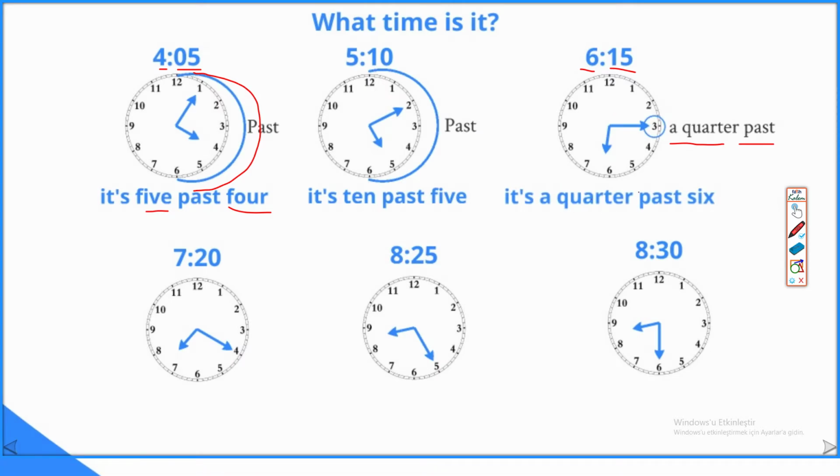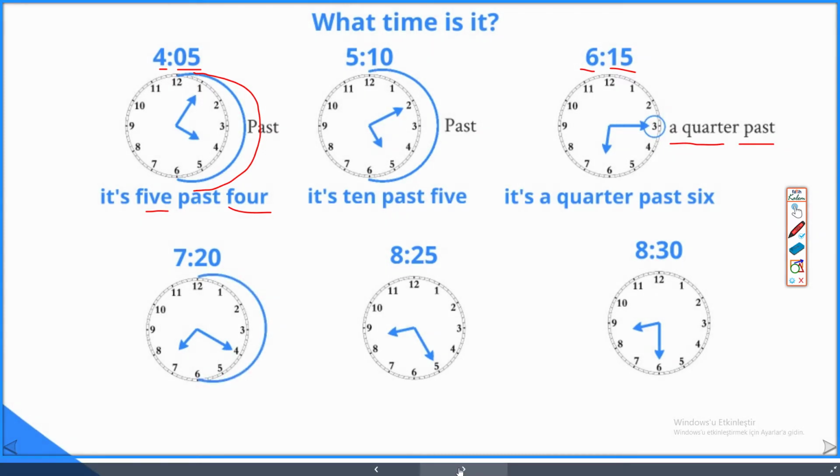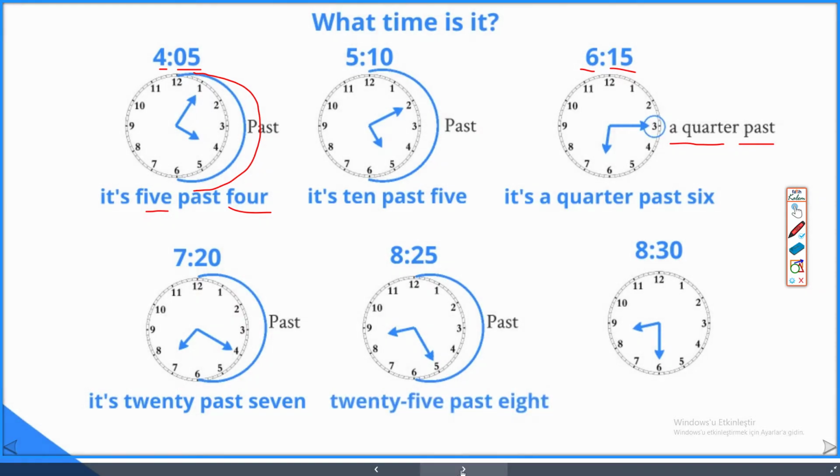Yes, and it is 7:20, and it is in the past side, and it is 20 past 7. And 8:25, it is in the past, and it is 25 past 8.